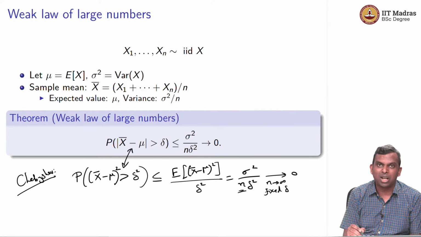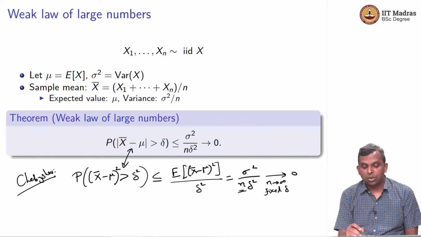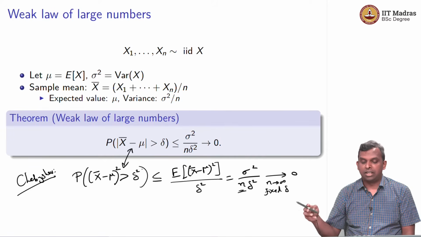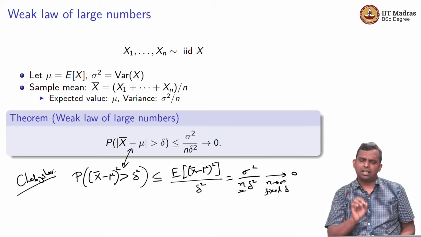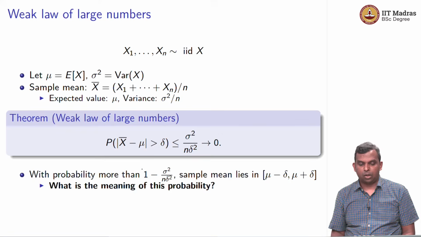Maybe delta is 0.1; then even dividing sigma squared by 1000 times 0.1 ends up being very small. So this quantifies the probability that the sample mean can deviate from the actual distribution mean. There are sharper inequalities than this, but this inequality itself is quite useful.